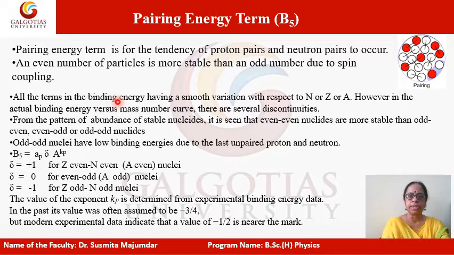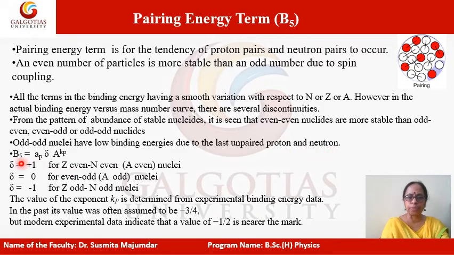All the terms in the binding energy have a smooth variation with respect to N or Z or A. However, in the actual binding energy versus mass number curve, there are several discontinuities. From the pattern of abundance of stable nuclei, it is seen that even-even nuclides are more stable than odd-even or odd-odd nuclides. Odd nuclei have very low binding energy due to the last unpaired proton and neutron.